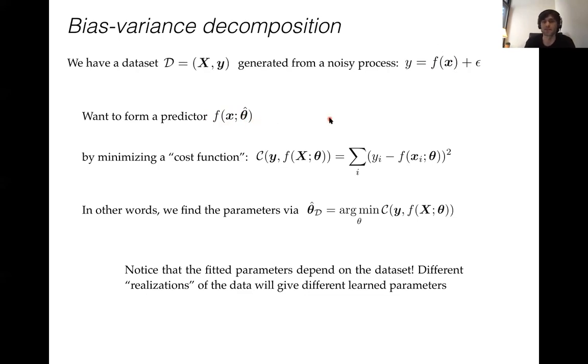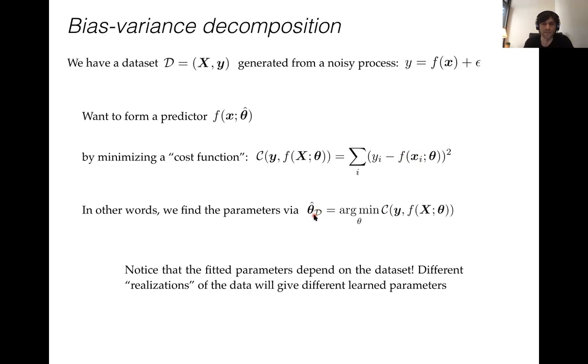And what you would like to do is find the values of the parameters that give you the best performance. So how do you measure performance? Well, with a task like this, your performance could reasonably be measured with the squared error, the mean squared deviation between what actually the world produced and what your model predicted. And you find the parameters theta by minimizing them, so they are the argmin.